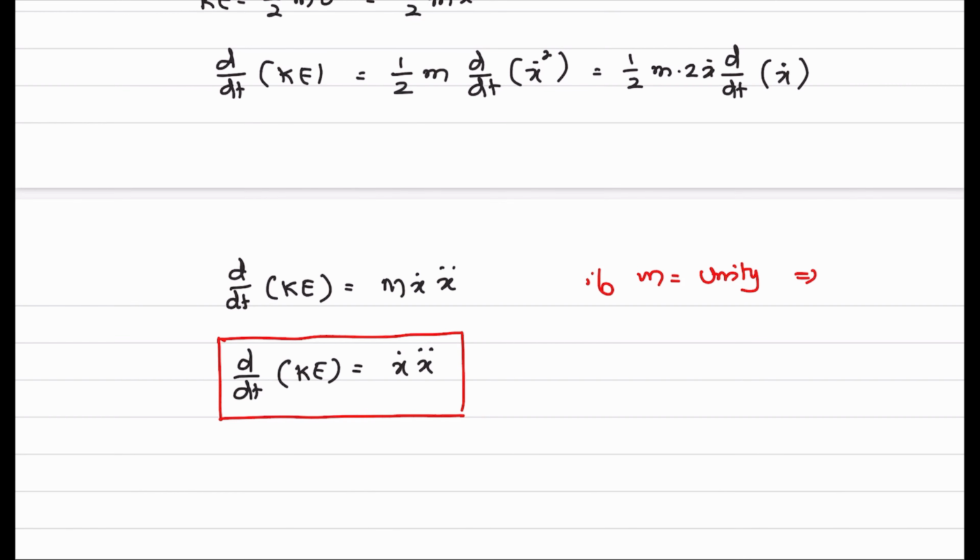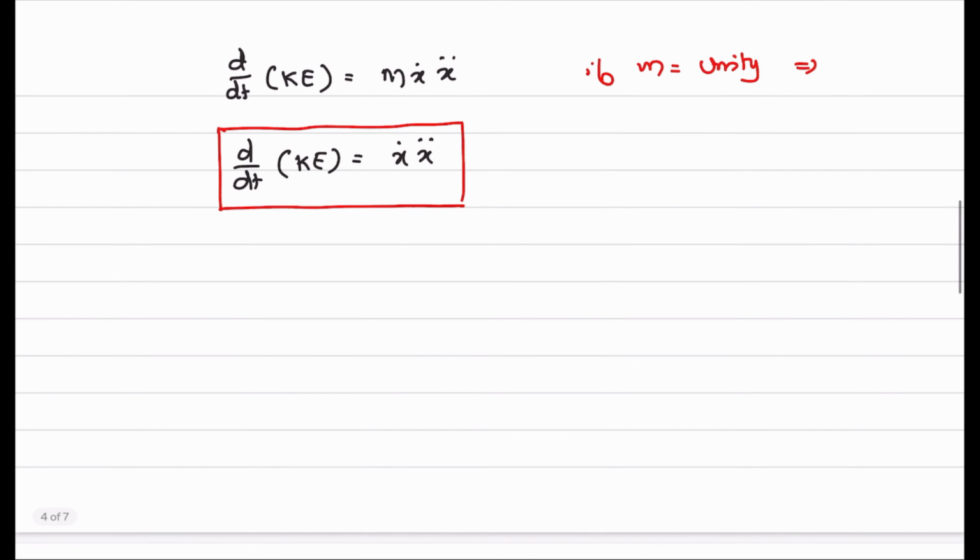Now, from the principle of conservation of energy, what is the principle of conservation of energy?